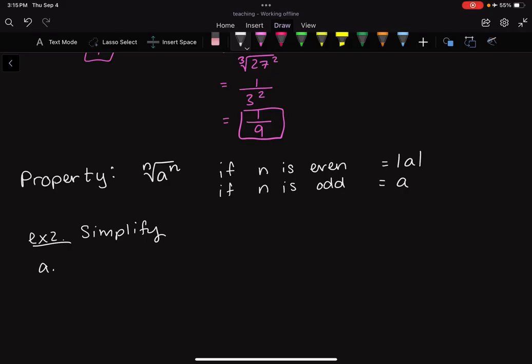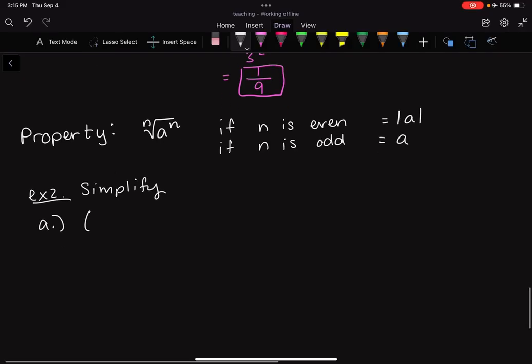Let's say for this one, part a, I say 64a to the 6th, and then I want to take the 1/6th root. The 1/6 is the exponent, so it's going to be the 6th root. Remember that if you have stuff multiplied in parentheses, the exponent goes to all of it.